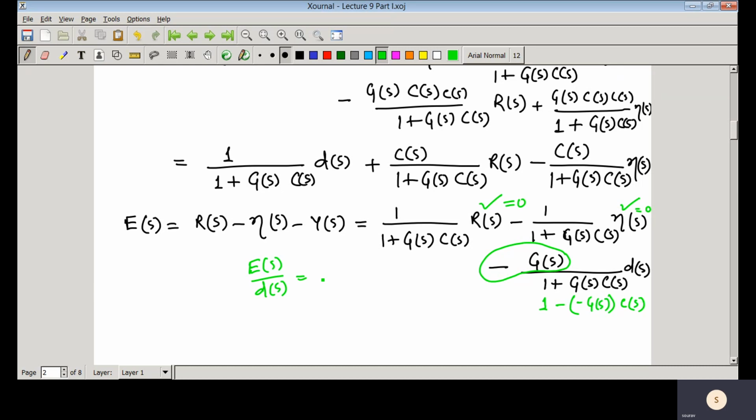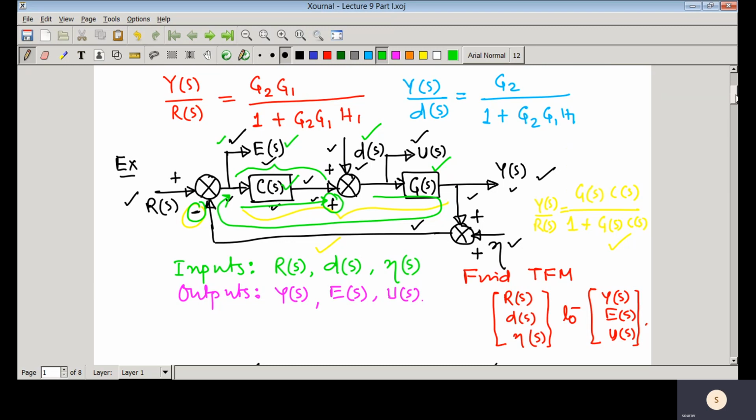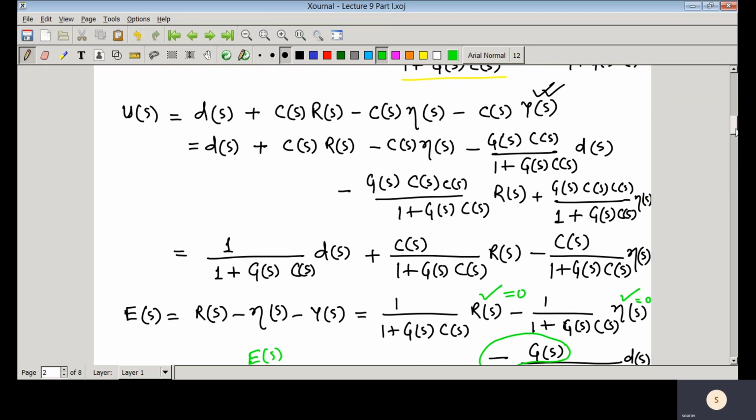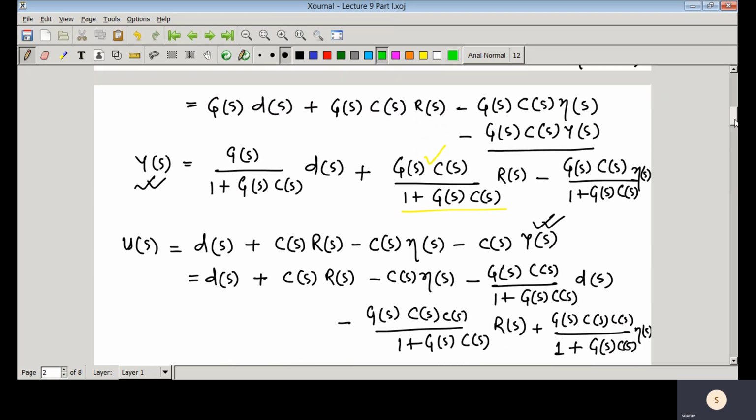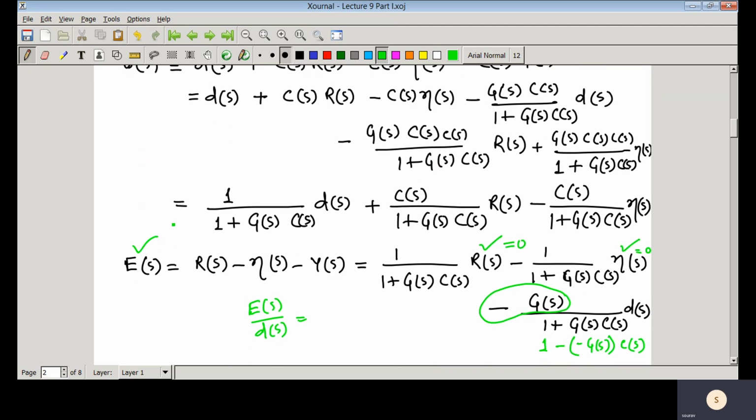So without deriving this, just by inspecting this block diagram, you can write the transfer function. The only thing is you need to identify which one is the forward path and which one is the feedback path, and also see what type of feedback is used. Now if we write all those things, we have Y(s), U(s), and another one is E(s).